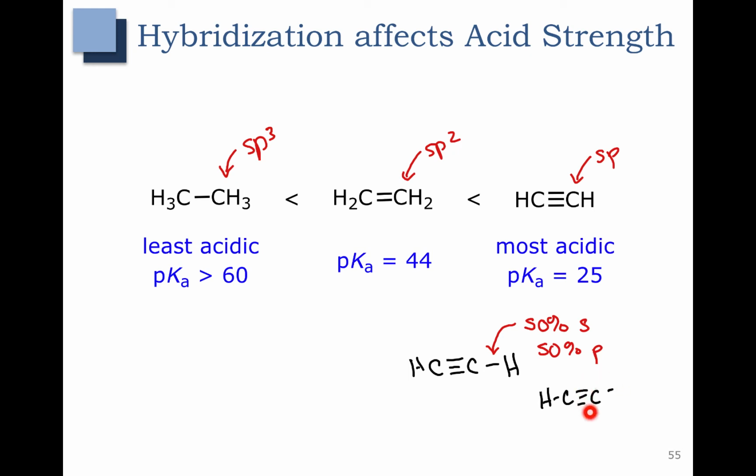So our negative charge is more stable when it's in an orbital that has more S character. If we look at the sp3 hybridized situation, now that negative charge is in an orbital that only has 25% S character, and that's going to be much less stable, and this is going to be a stronger base.